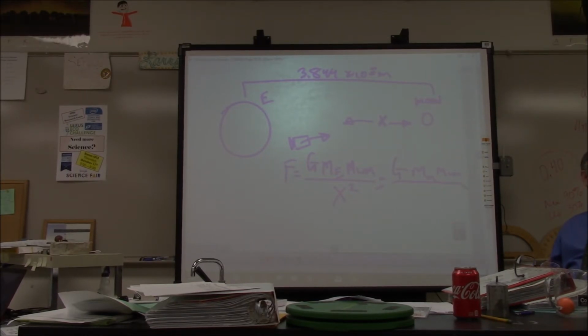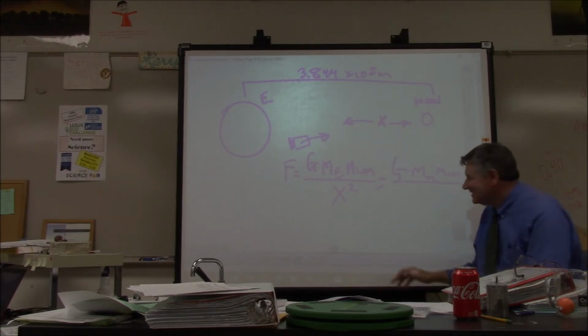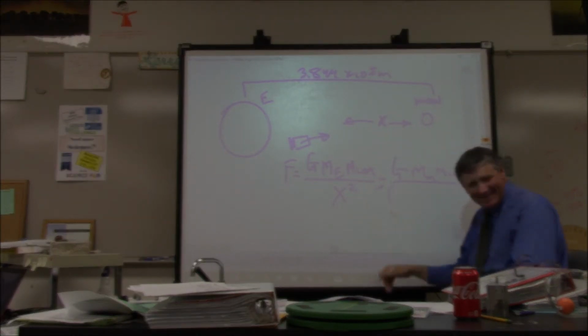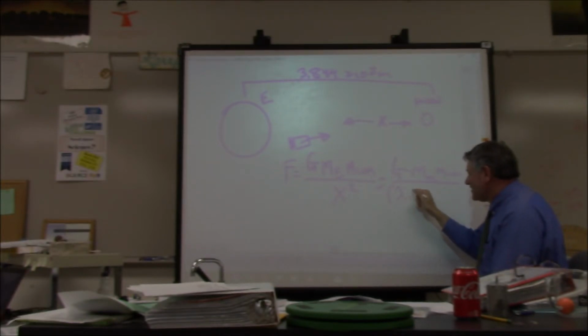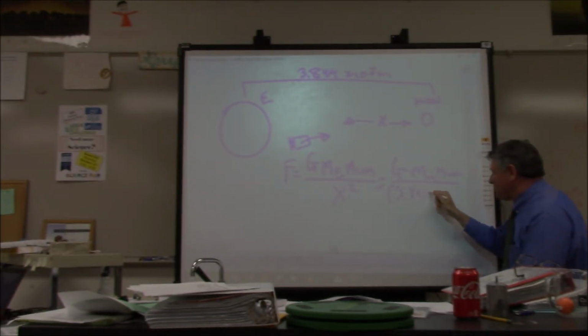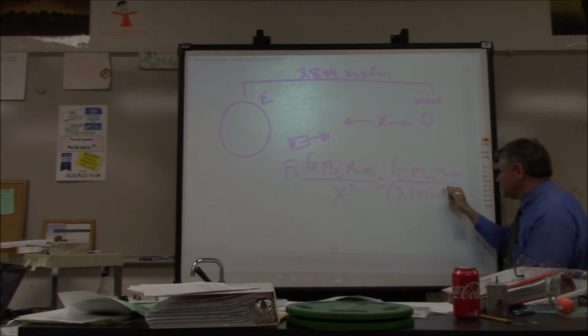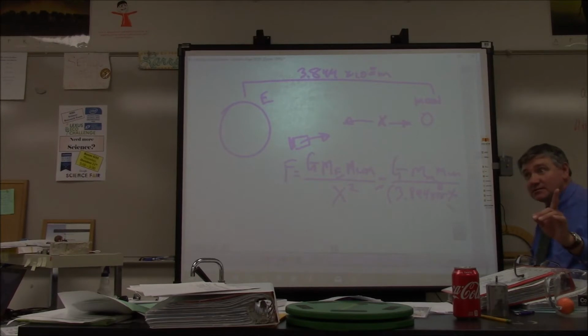That minus X. So that's going to be 3.844 times 10 to the 8th minus X. But we've got to square it.